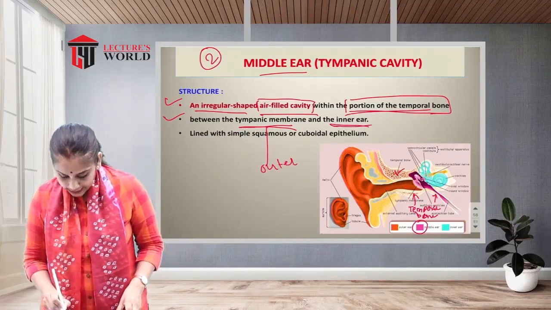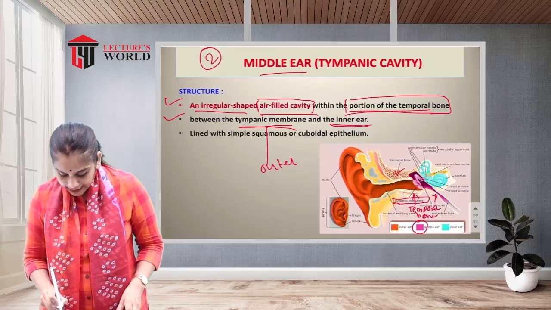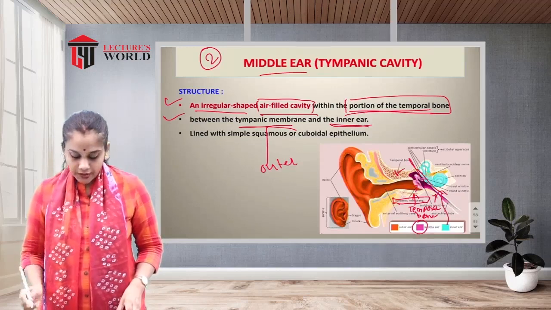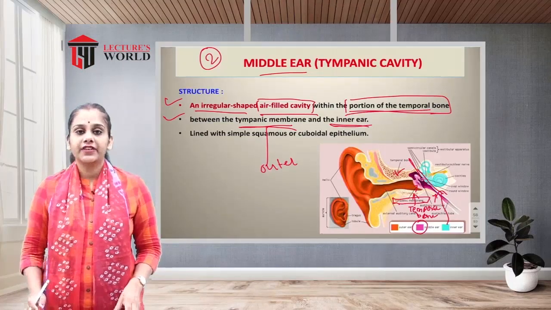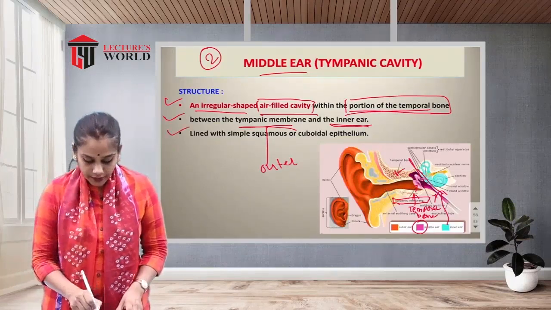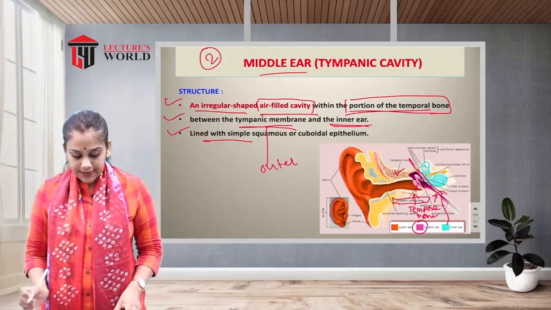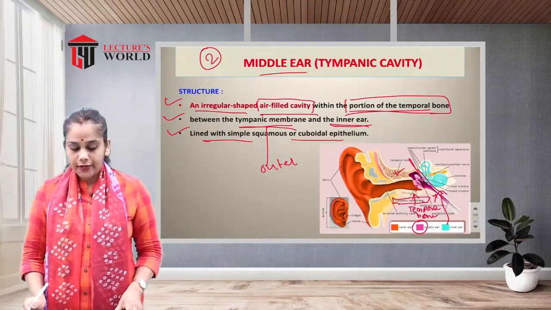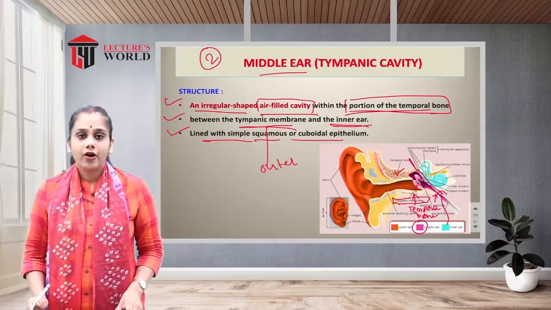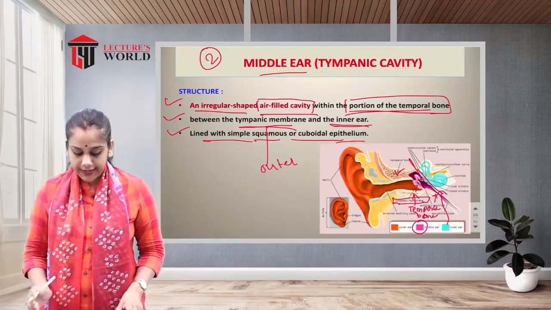See, this is the outer ear, this is the tympanic membrane, and here there is the inner ear. It is lined with simple squamous or cuboidal epithelium.